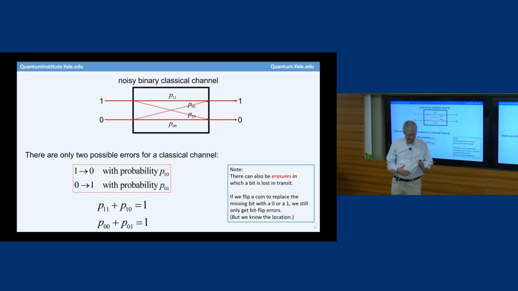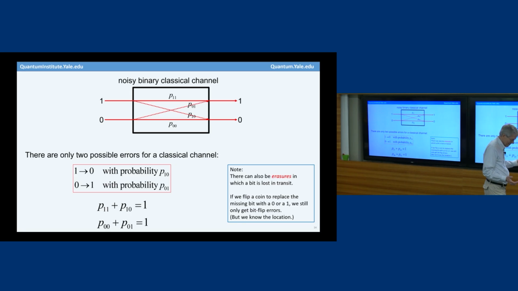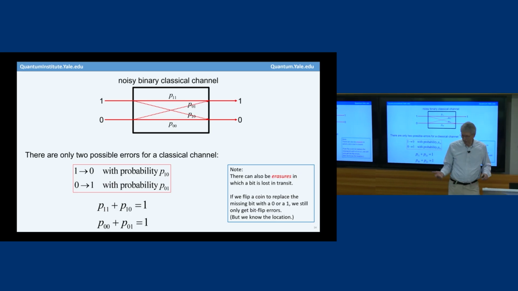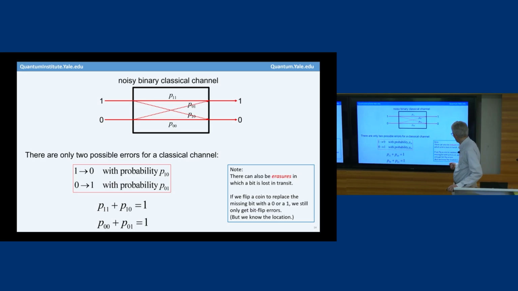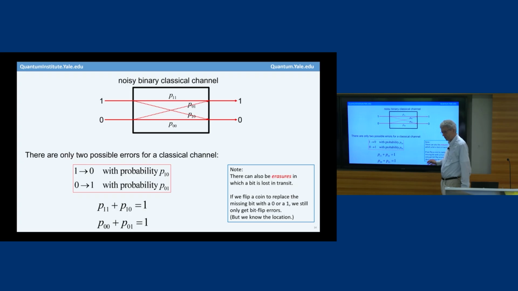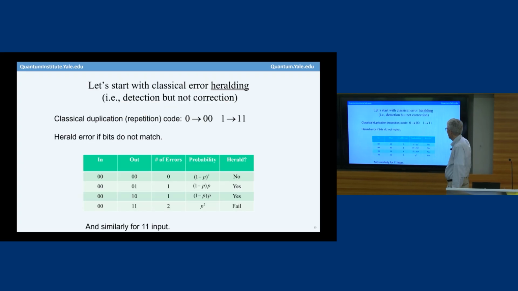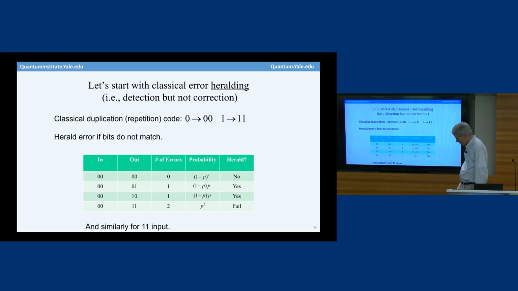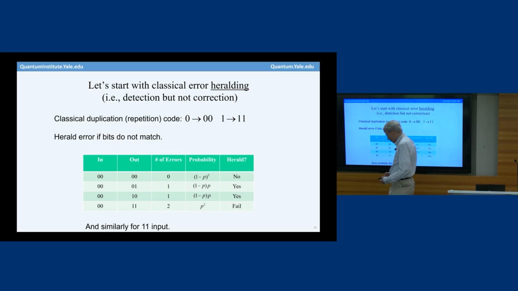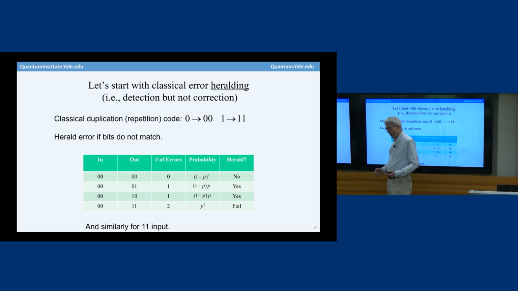But we haven't gotten there yet. You don't know what the bit is supposed to be, but you do know in the case of erasures which bit is doubtful. Yeah. Okay.